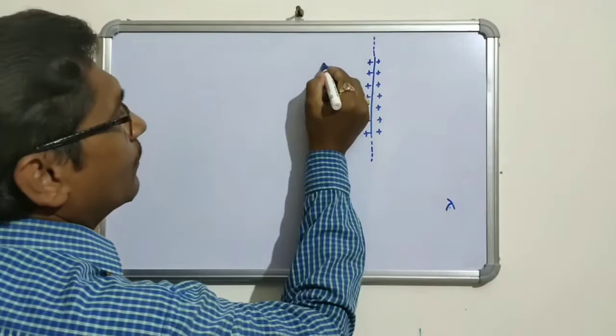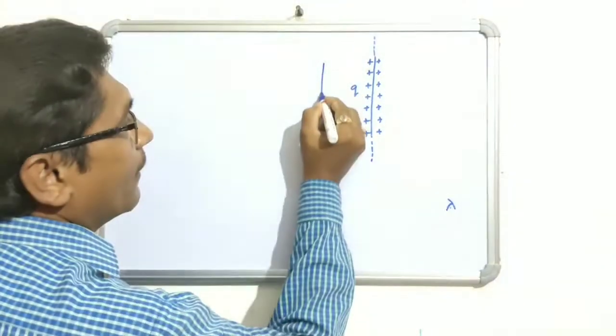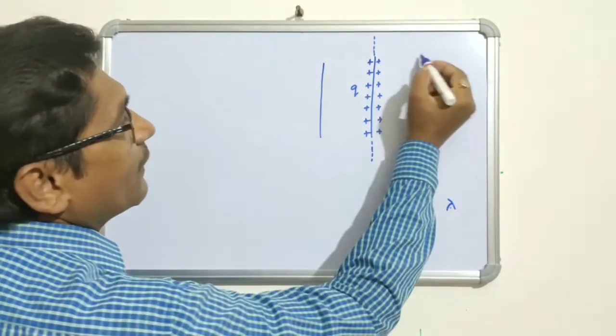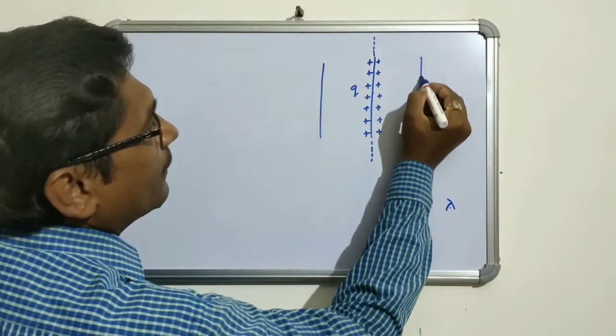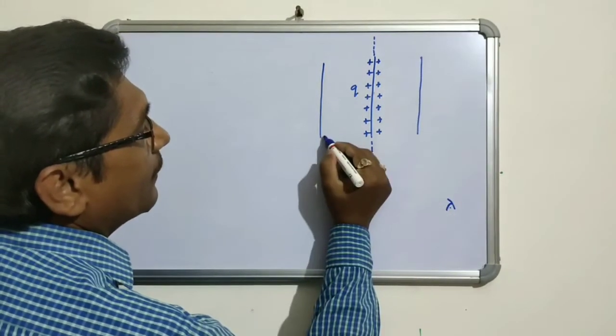So let us assume the imaginary Gaussian surface surrounding the wire is this.